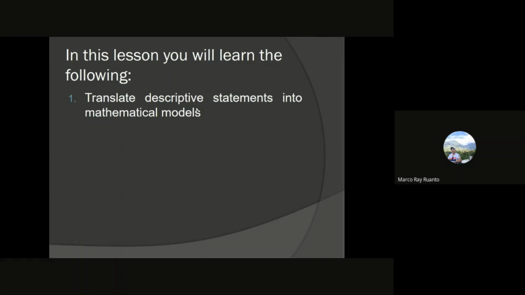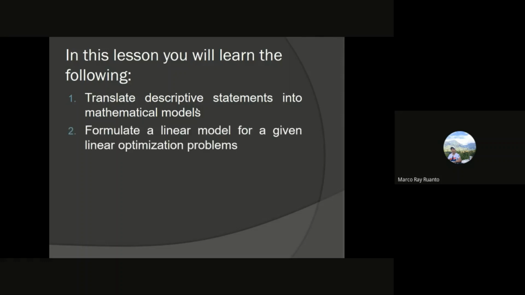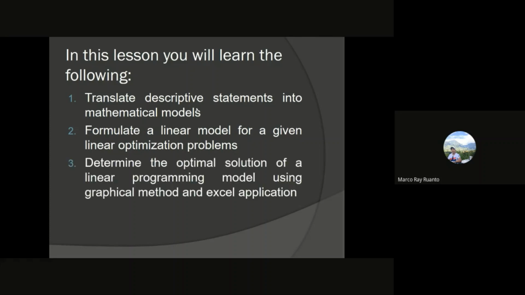I want you to review our lesson in chapter 2 because we are going to apply it here. Then, formulate a linear model for a given linear optimization problem. And number 3 is to determine the optimal solution of a linear programming model using the graphical method. We will just focus on the graphical method and skip the Excel application.